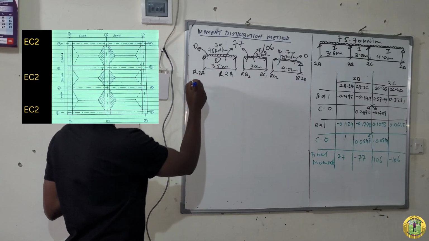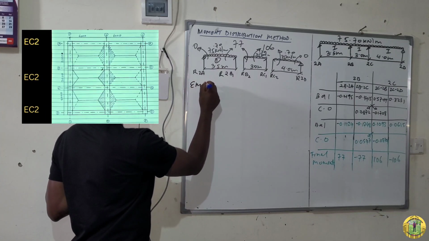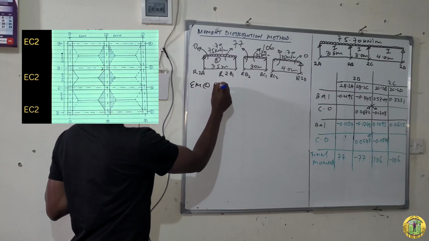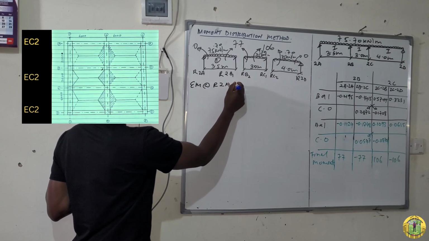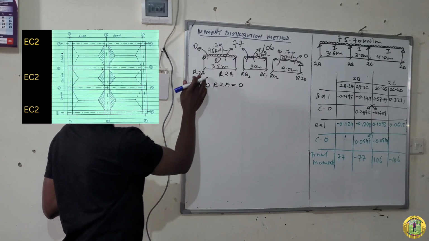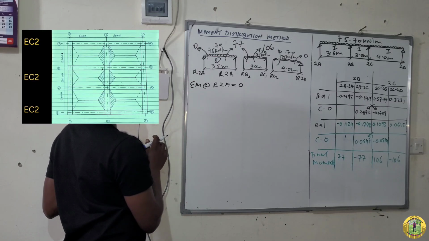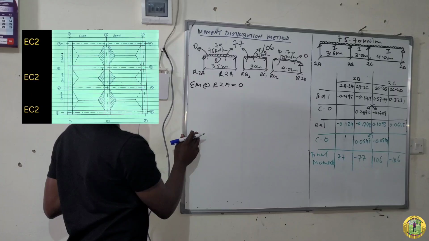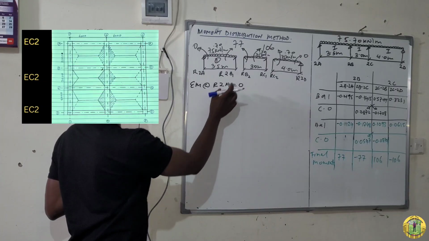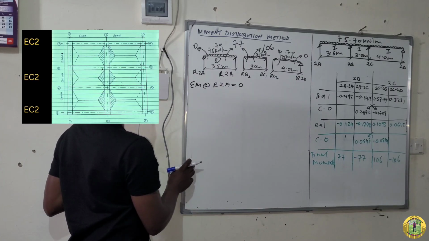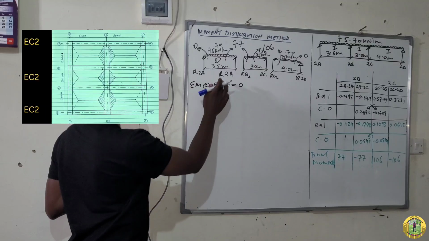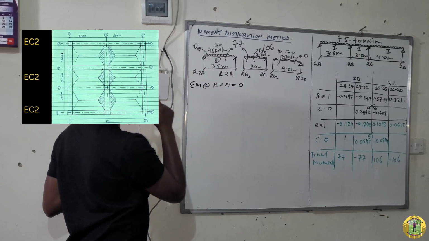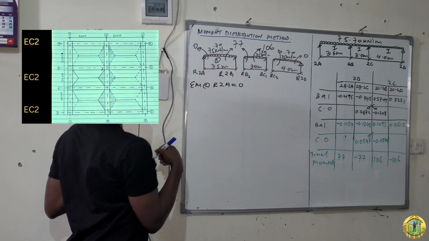We now begin. So summation of moment at R2A is equal to 0. We are at this point. Now, if we sum moment at R2A, we will automatically be calculating the reaction for R2B1. So this reaction is moving in anti-clockwise direction.